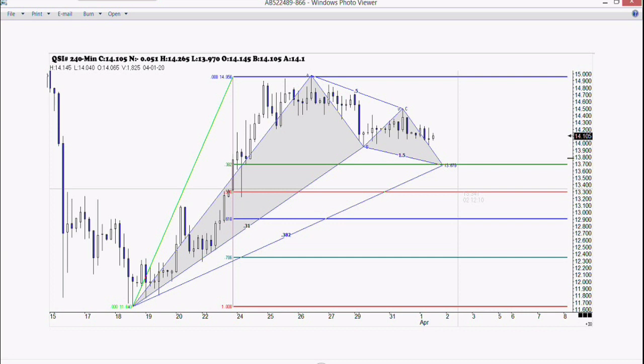You notice that it hit it on the 18th, tried to test it on the 19th, and then had a $2.40 rally up to $15 an ounce. And since the 26th of March, it's been trying to get down to the 382 retracement, which would be down $1.20 at the 1380 level. We're trading around 1410 right now. Folks, that is a bullish chart.